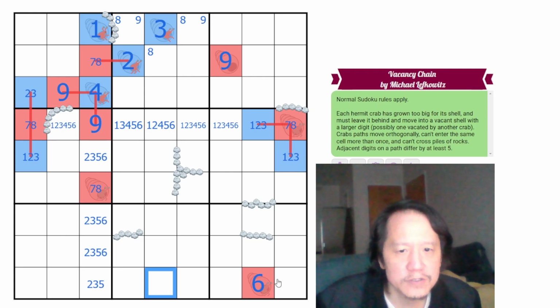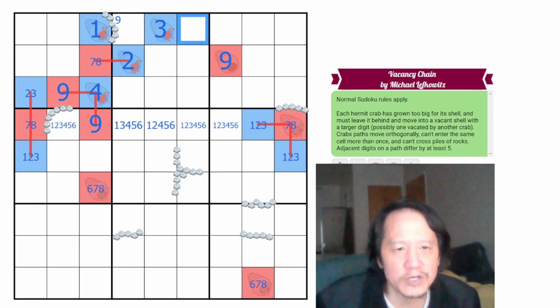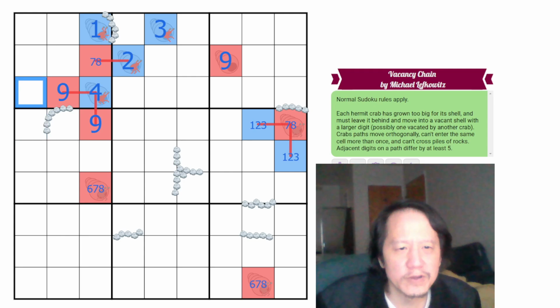Okay, so wait, this can't work because this would be 1 next to 1 and 1. So this doesn't work. Hold up. Okay, we have a problem here then. Yeah, this can't be 6 because it would be next to 2 1s. So this can't be 6 either.